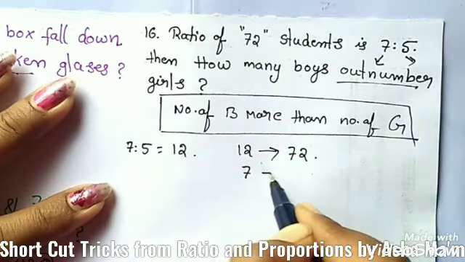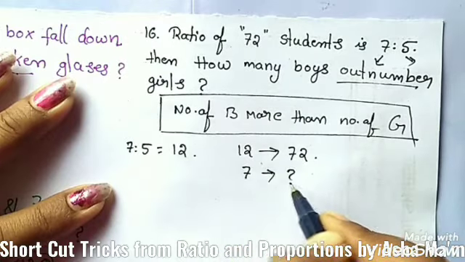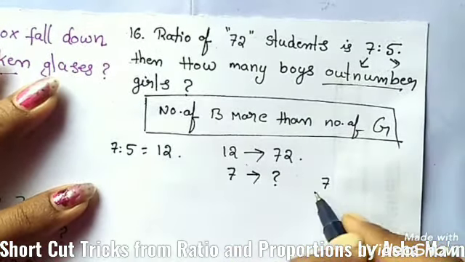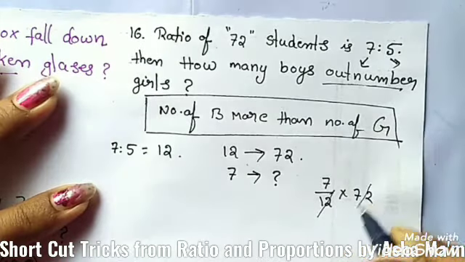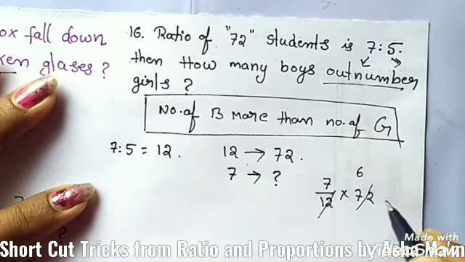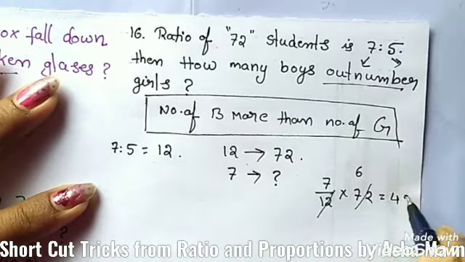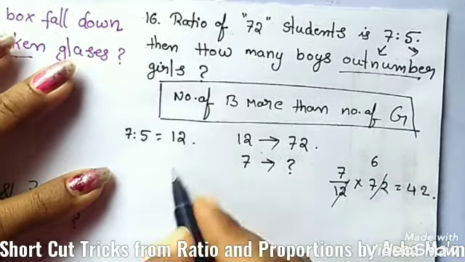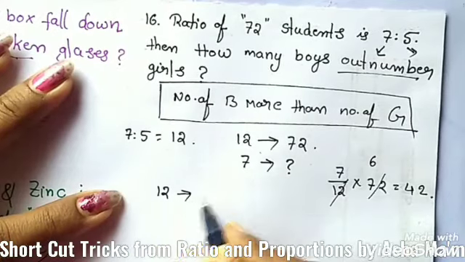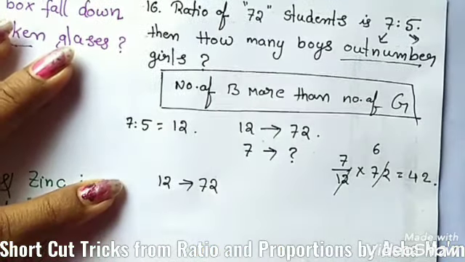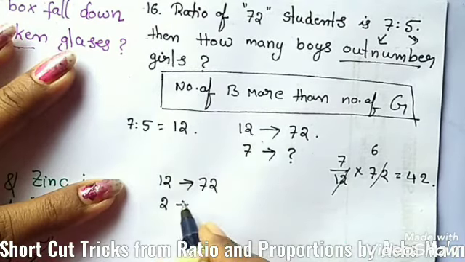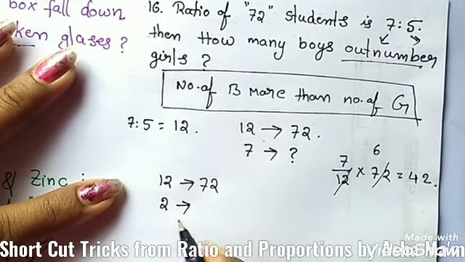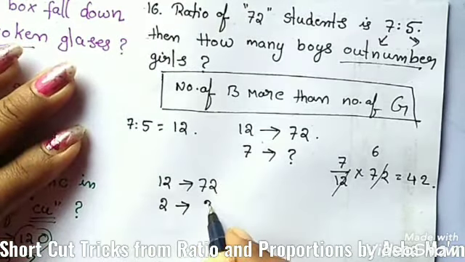So 7 means how much number? So 7 by 12 into 72. So this 12 in this 72 cancelled 6 times. So 7 into 6, 42. Now if the number is 12, that is equal to 72 total number of students. For suppose for this number 2, how many students you should get?